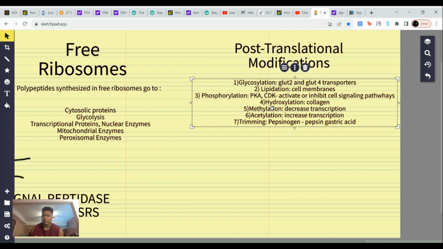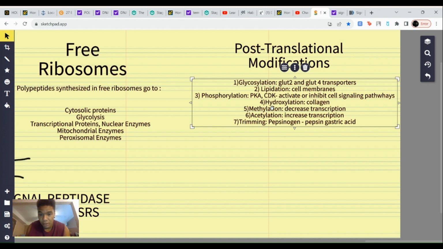Potentially maybe the liver. I'm not too sure. Don't quote me on that. I need to do more research on that. But glycosylation basically adds a glucose group or sugar, and destines it for a transporter that is responsible for such.